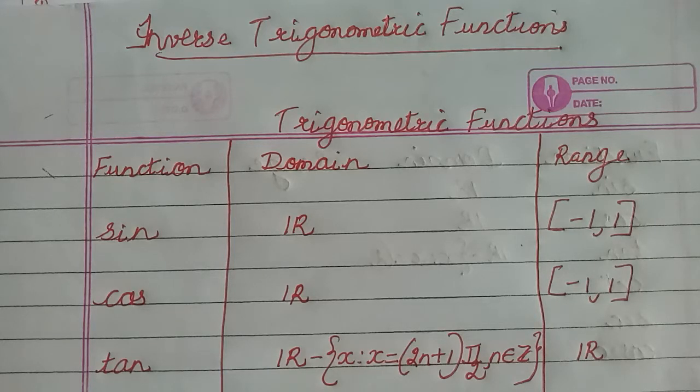A function has an inverse if and only if it is bijective. Is that clear? The second way is to prove that the composition of the functions in both ways gives you the identity function. So let us see whether the trigonometric functions have inverses.